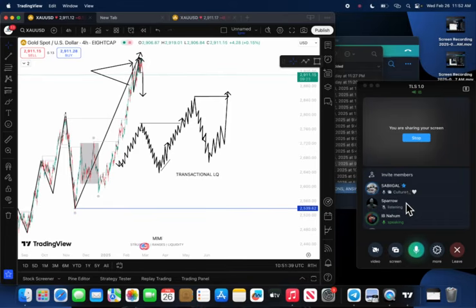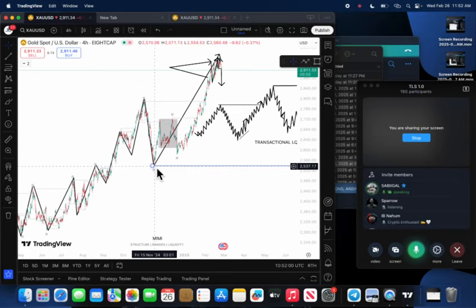Like this, the current break of structure, externally. If you can zoom to that place. Externally, this is the external break of structure now.